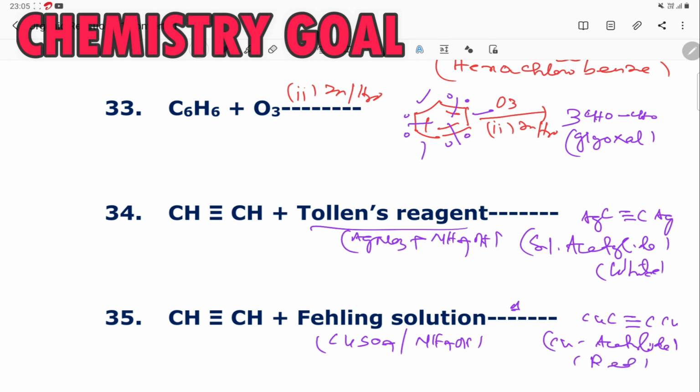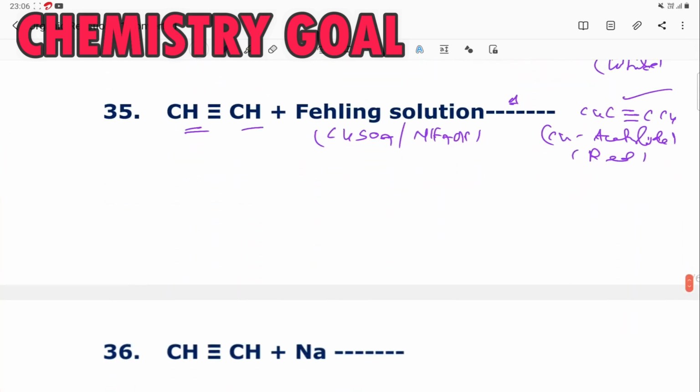This is a very important reaction of acetylene, showing the two hydrogens of acetylene have acidic character, which results in substitution of metal. So metal is substituted in acetylene, forming silver salt and copper salt. The color of the salts is different: silver salt is white and copper salt is red.